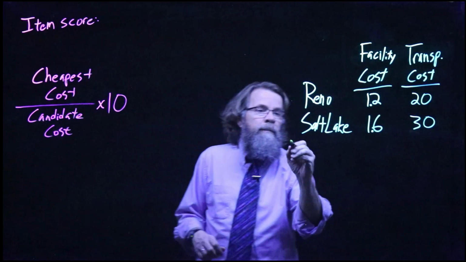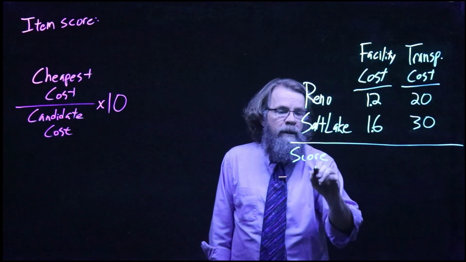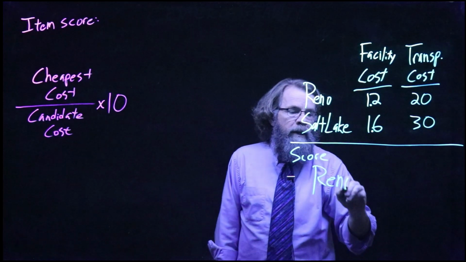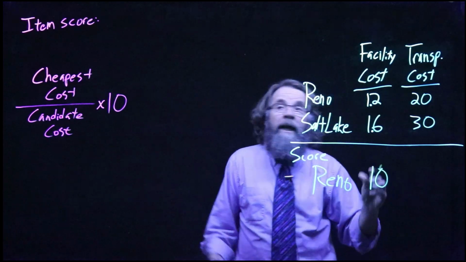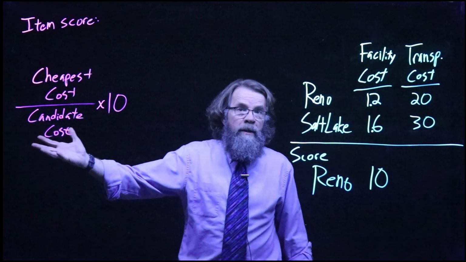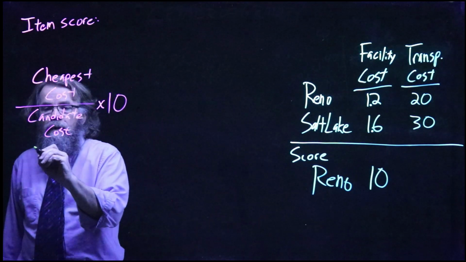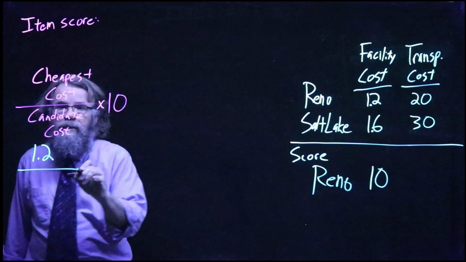So this was our original cost information. We're going to give Reno a score of 10 because it's cheaper. Salt Lake will get something else. And this is the formula that we're going to use. We're going to take the cheapest cost, which in this case is Reno, of $1.2 million.